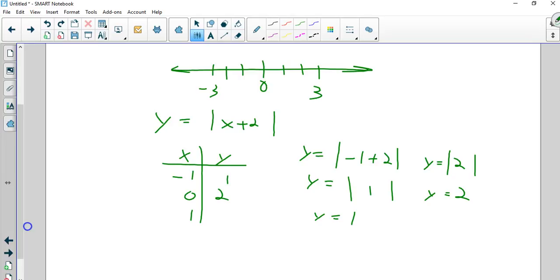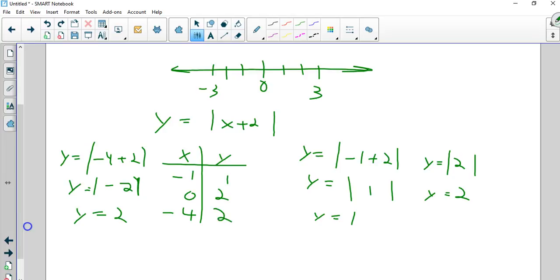How about let's make this a negative 4 instead, just for the heck of it. So I'll do that over here. Y equals the absolute value of negative 4 plus 2. Well, that is the absolute value of negative 2. But once again, thinking about the Halloween story, how far is negative 2 away from 0? It's still just 2 spaces. It doesn't matter whether it's left or right.